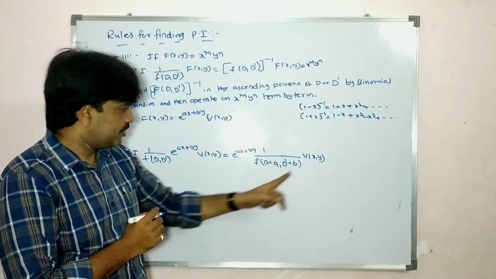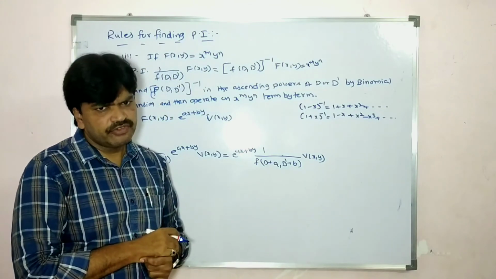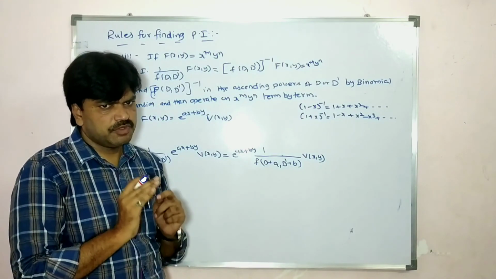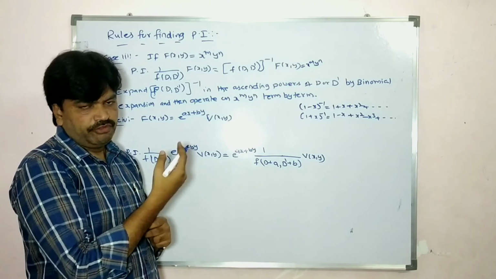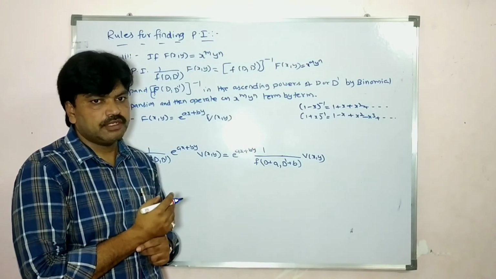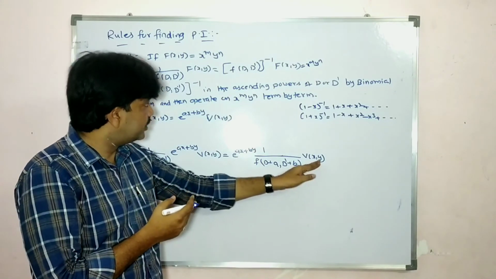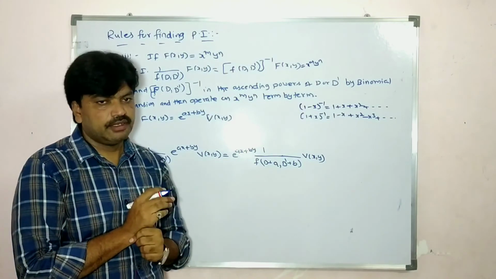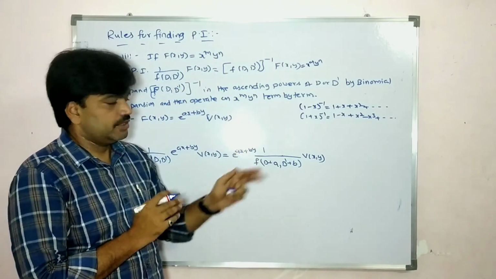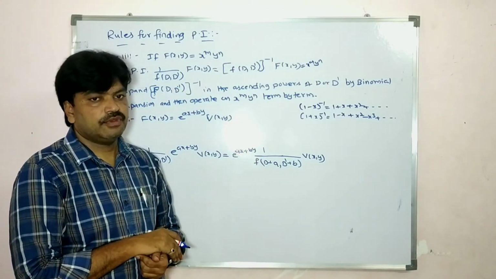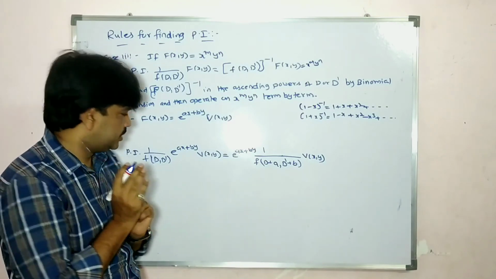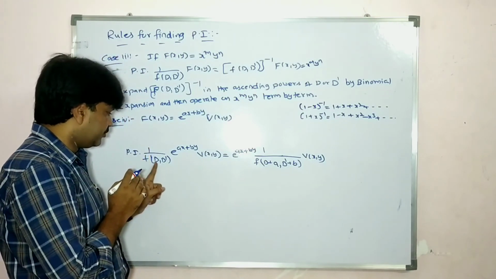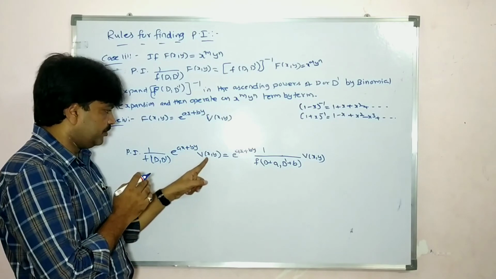Okay students, if it is sin(ax plus by), we know how to find the particular integral. If V of x, y is x power m y power n, we know how to find the particular integral. So case 4 is 1 by f of D, D dash, e power (ax plus by) into V of x, y.